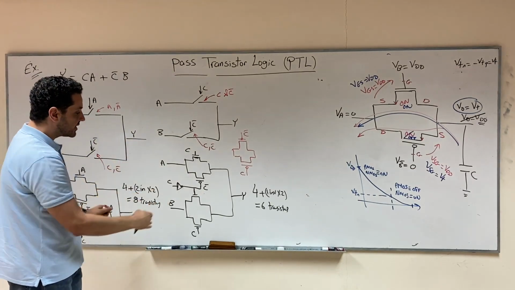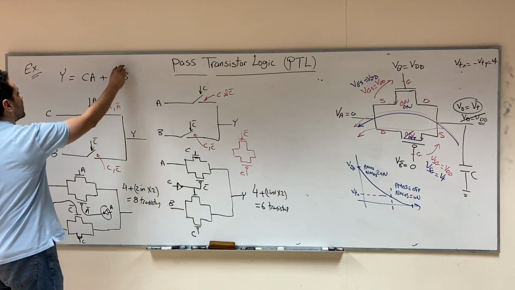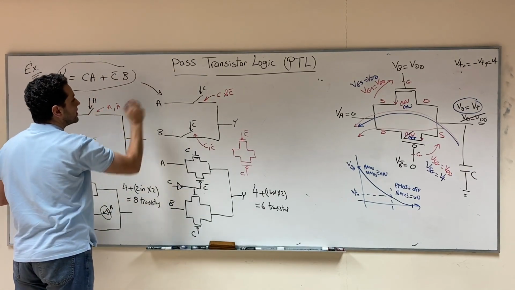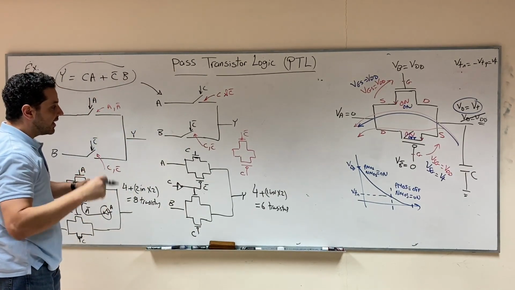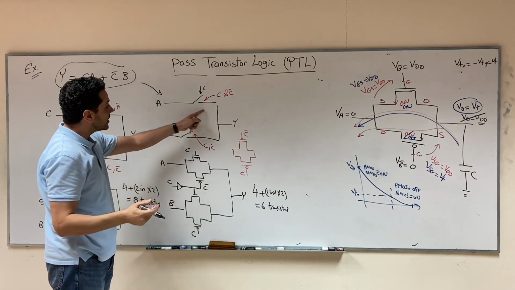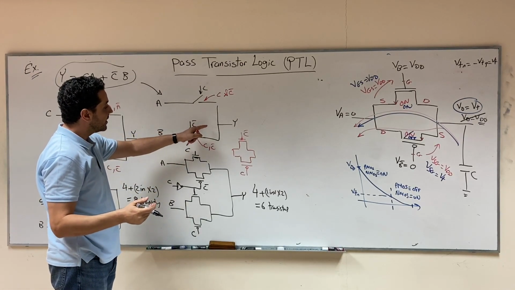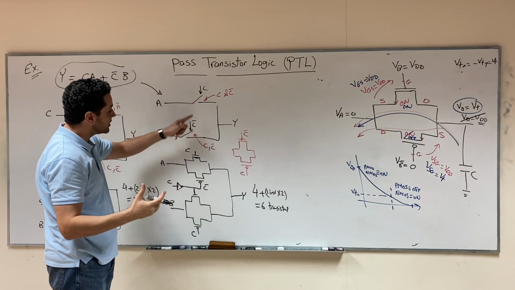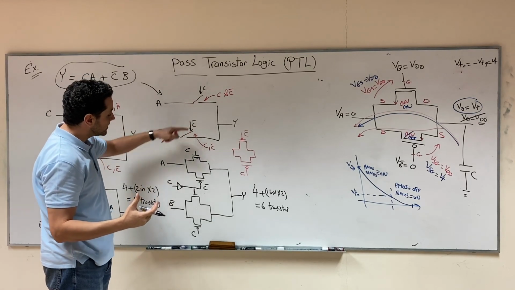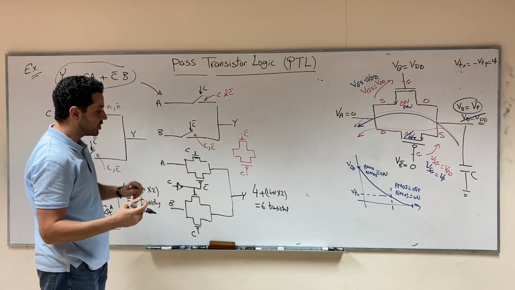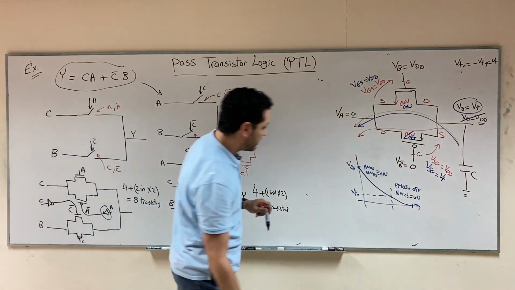So this is one example to implement this logic function, and this is the efficient way to implement it. And as I advised you, try to always start by putting the configuration using switches, and then you replace every switch with a transmission gate. Let's take another example.